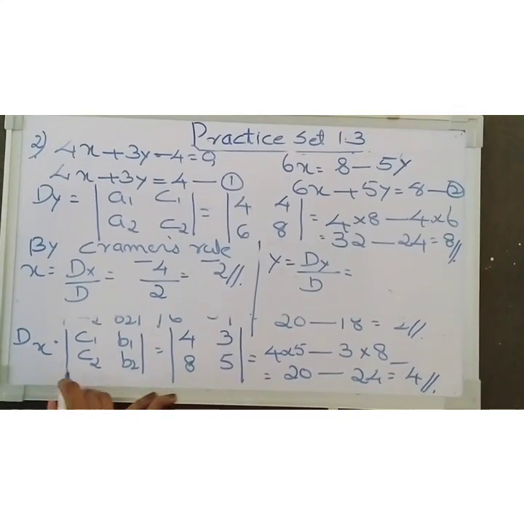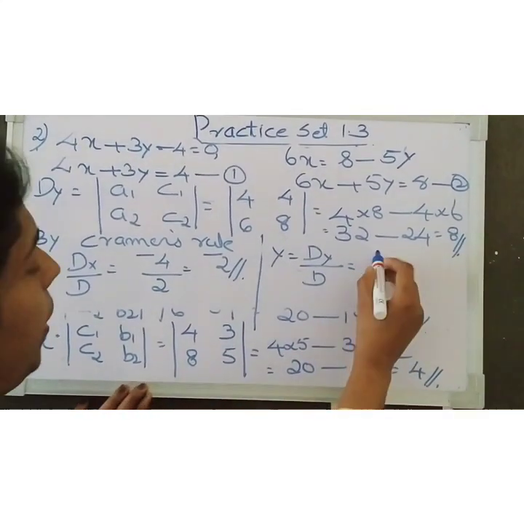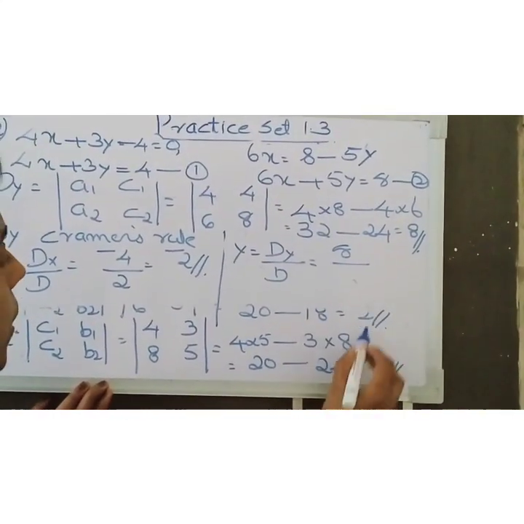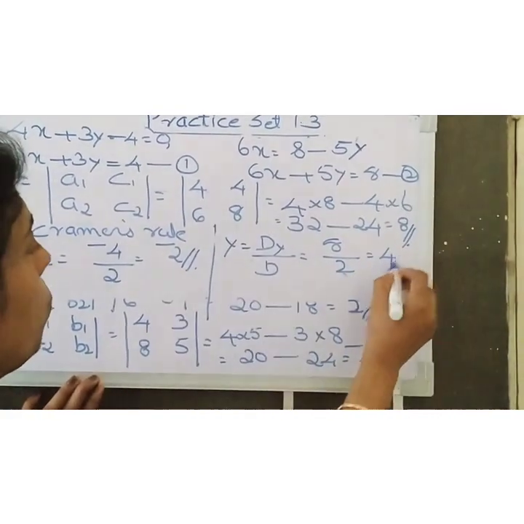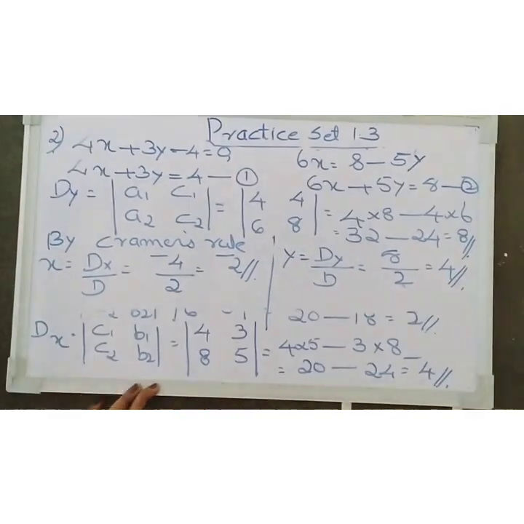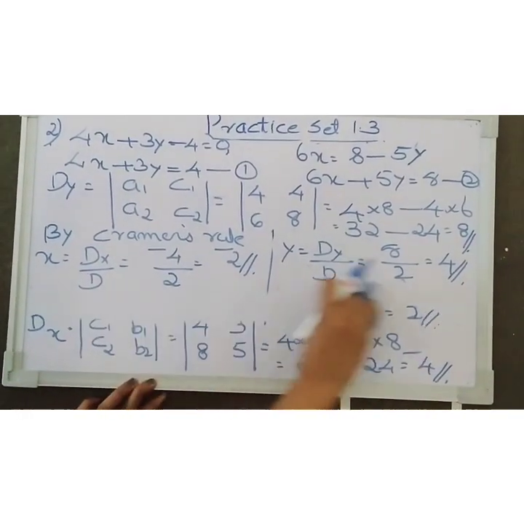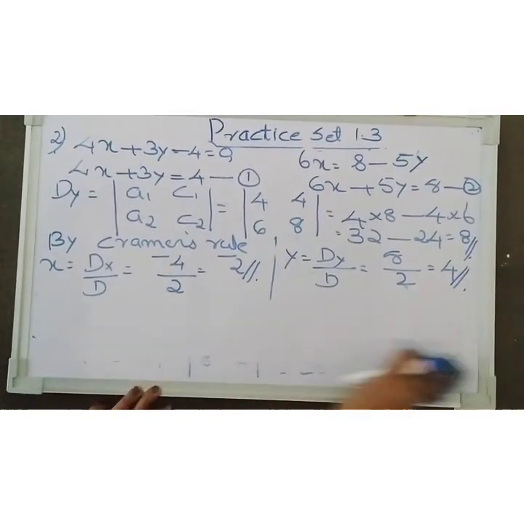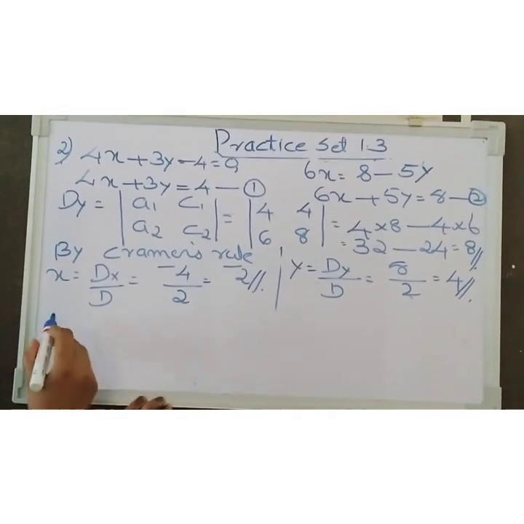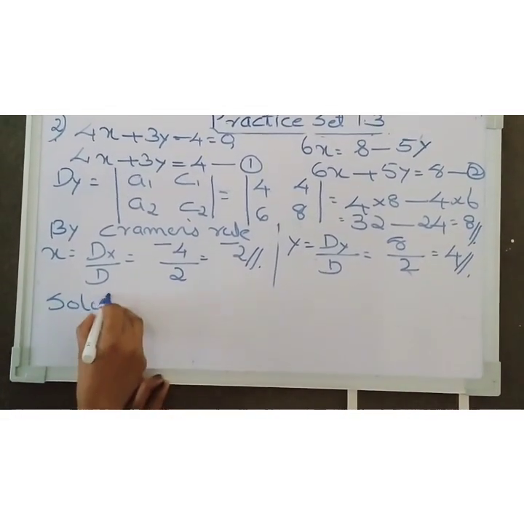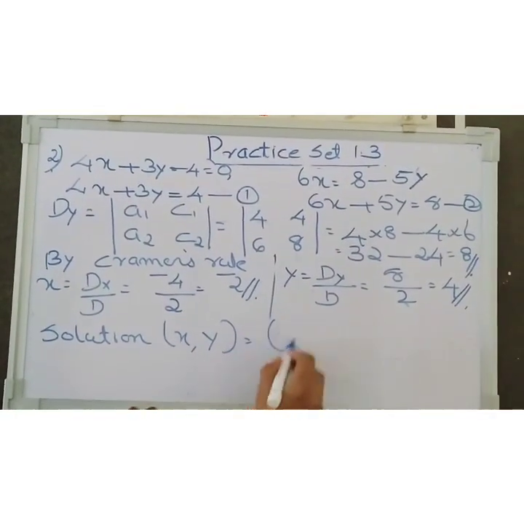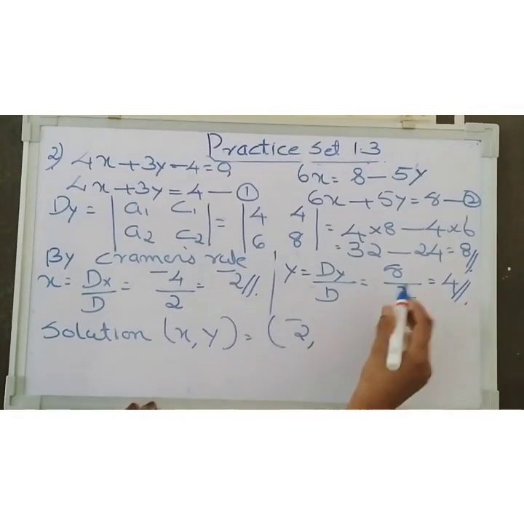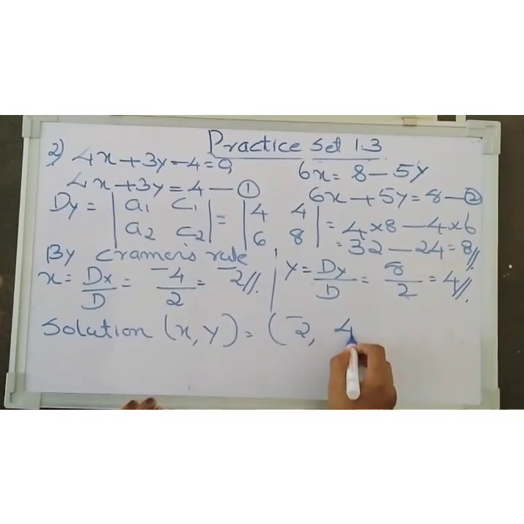Dy is 8 upon d is equal to 2, is 4. Therefore the solution of the equation is x is equal to negative 2 and y equal to 4.